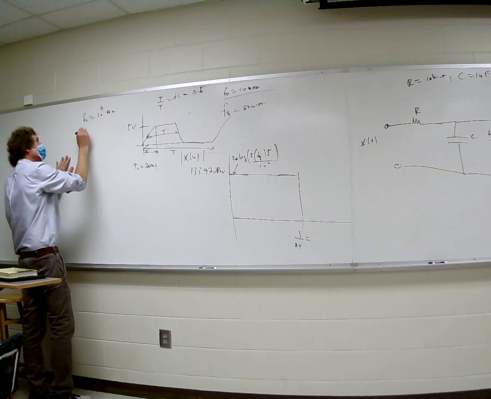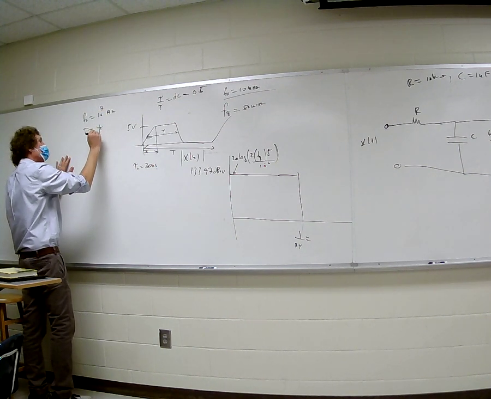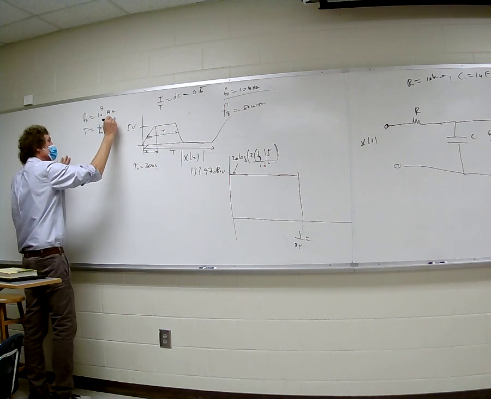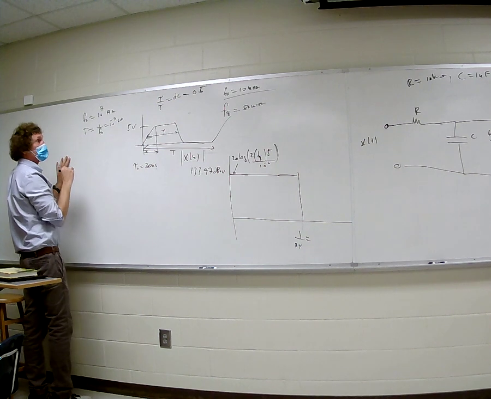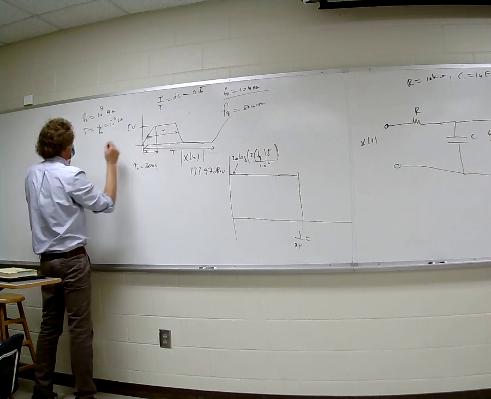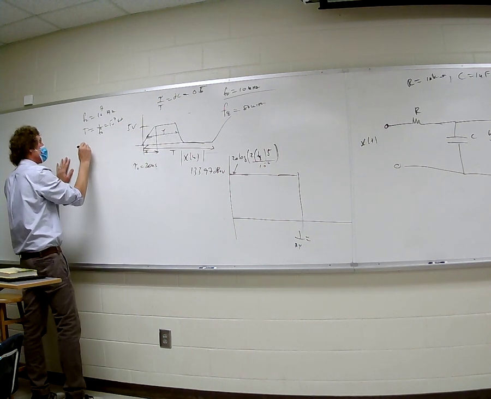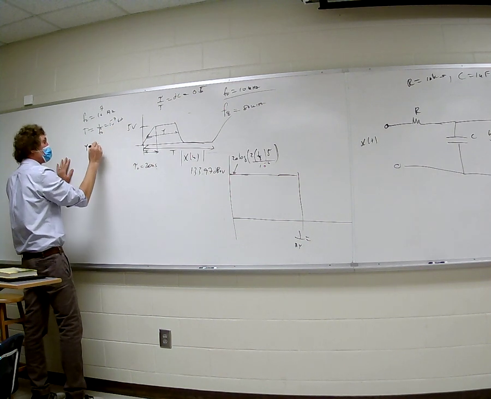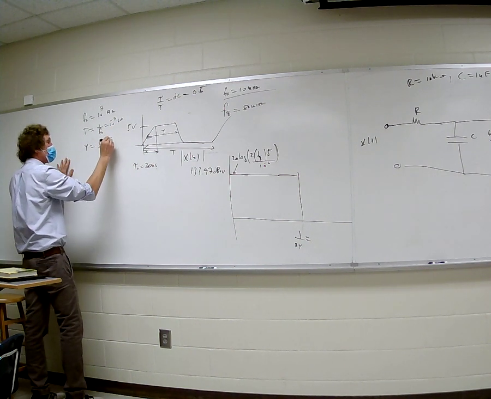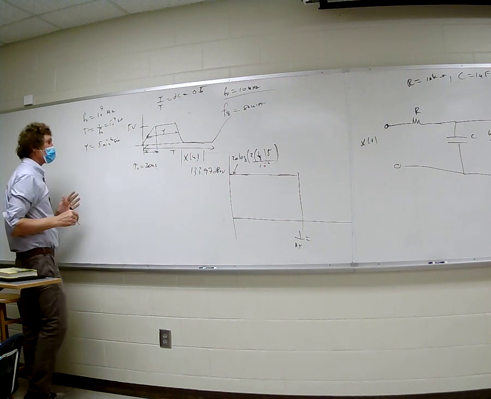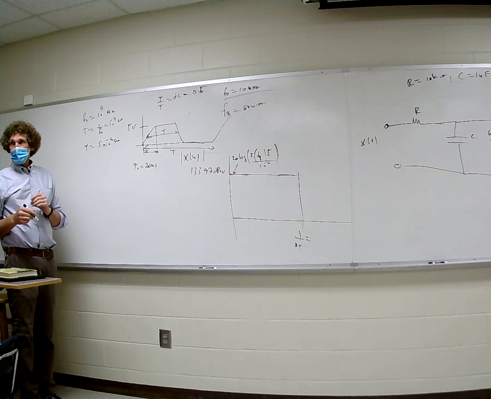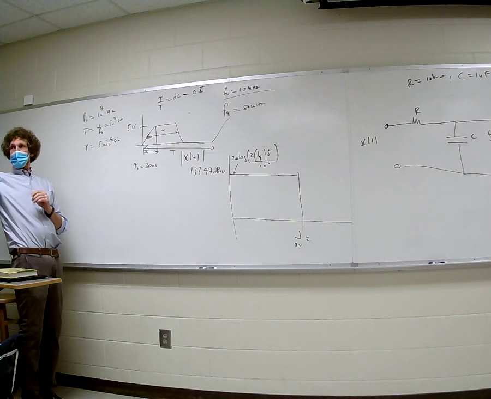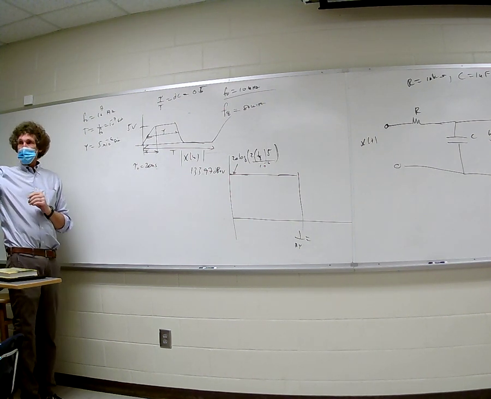That means the period, 1 over F naught, is 10 to the minus 7th seconds. Correct, class? And if the duty cycle is 50%, it means tau is that divided by 2, or 5 times 10 to the minus 8 seconds, really 50 nanoseconds. Agree, class? Can you all see? William, can you see it? Yes. Okay, y'all good with this?